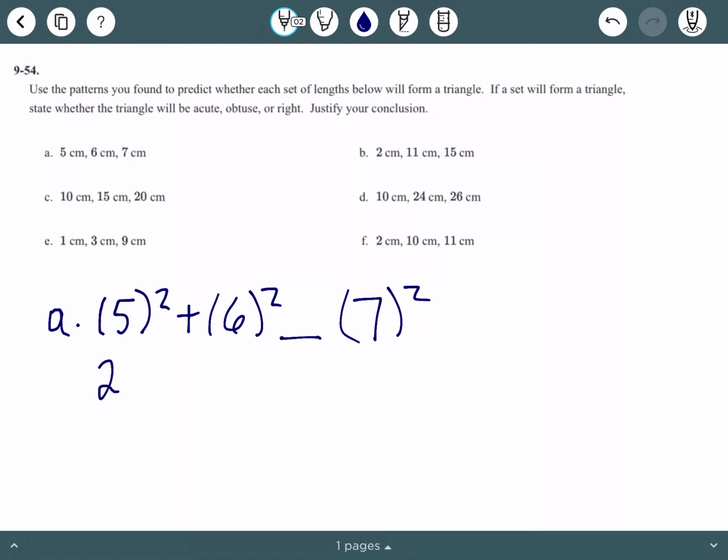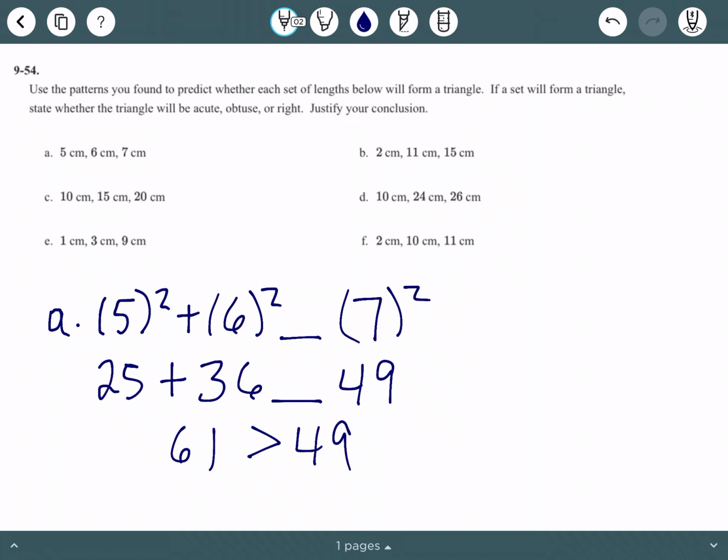So 5 squared is 25. 6 squared is going to give me 36. And I'm going to leave that blank space there because I don't know if it's equal to, less than, or greater than 7 squared, which is 49. So 25 plus 36 is going to give me 61, which is greater than 49.